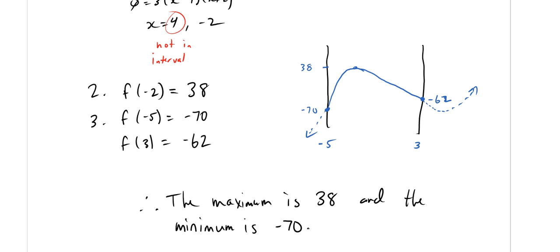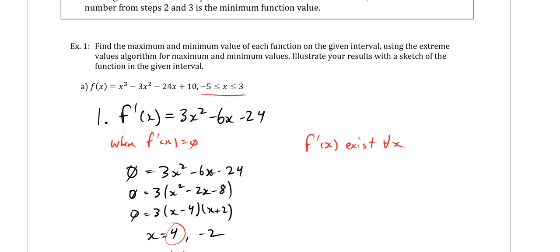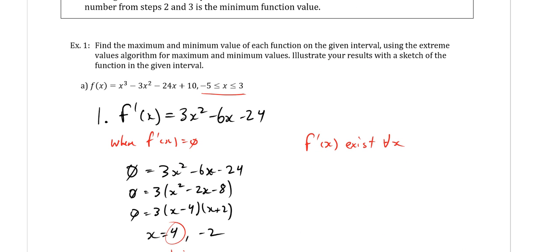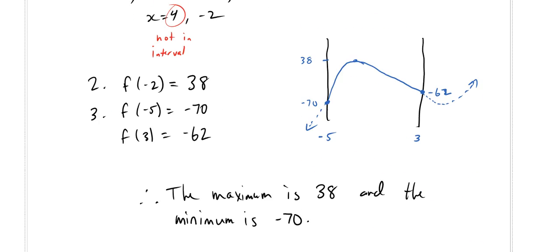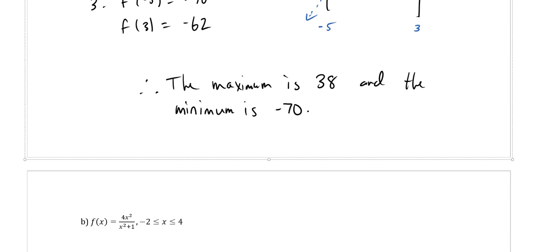I believe the question says find the maximum and minimum value. I absolutely could imagine a question that says, and where they are located. Well, if the question said that, then yeah. Other questions?